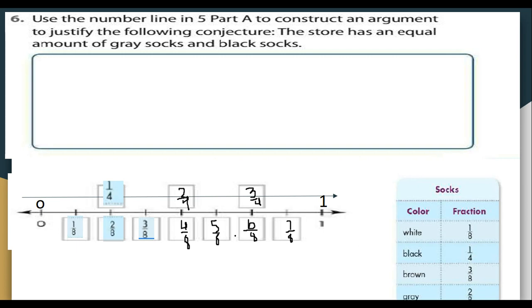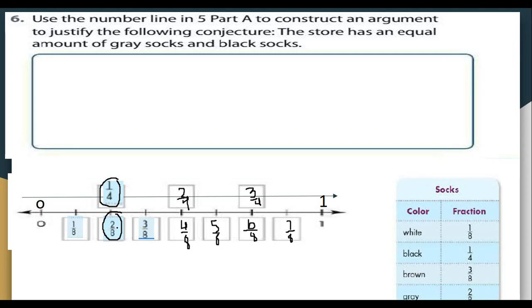So let's find both of those fractions. So I'm going to find our 1/4 black, which is right here. Remember, we split this number line into 4 pieces or parts. And then we have 2/8 right underneath it.